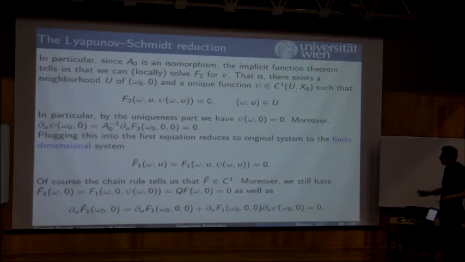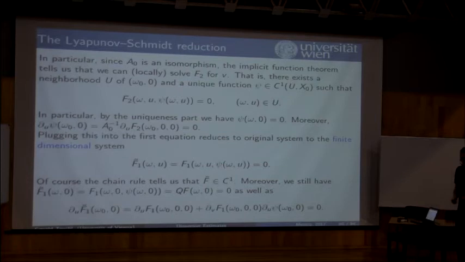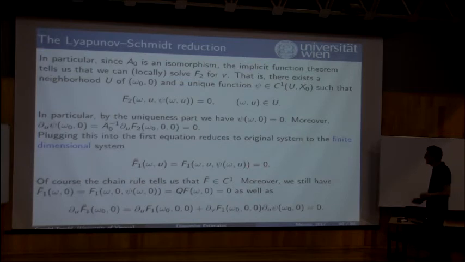Okay? And of course now we can take this function right here and also plug it into the first equation. The first equation will not be fulfilled. Okay, you have to be careful here. This really is equal to 0, and this should be equal to 0. This is the equation we want to solve. Okay, let me just emphasize this. So this we have coped with. It's done. We can forget about it.